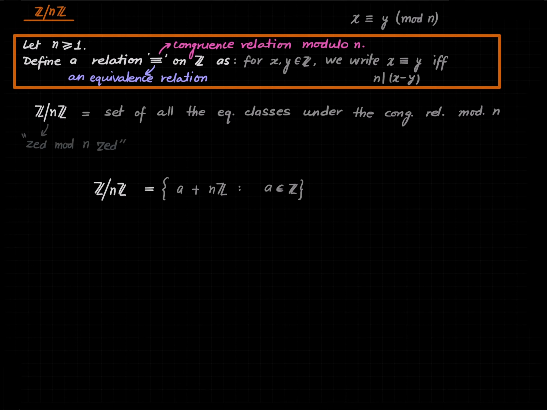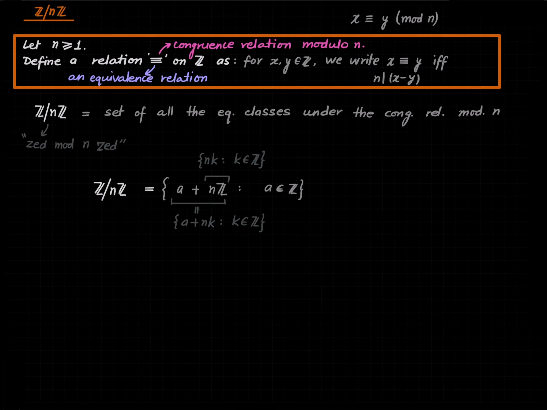It means all the multiples of n. It's a good notation, as I'm sure you appreciate. This is all the multiples of n. And what is this? This is the offset of all multiples of n by a. Right? All right. Again, this is also a very good notation.